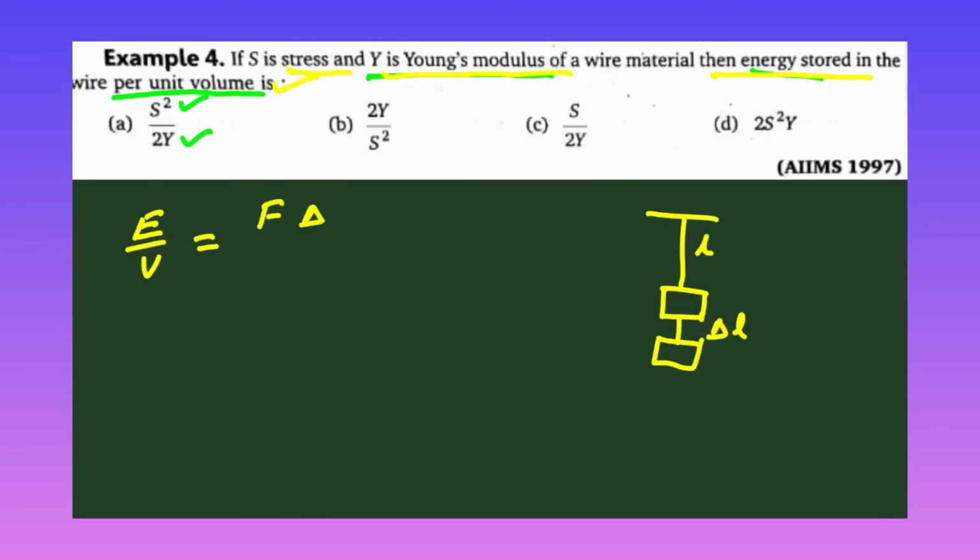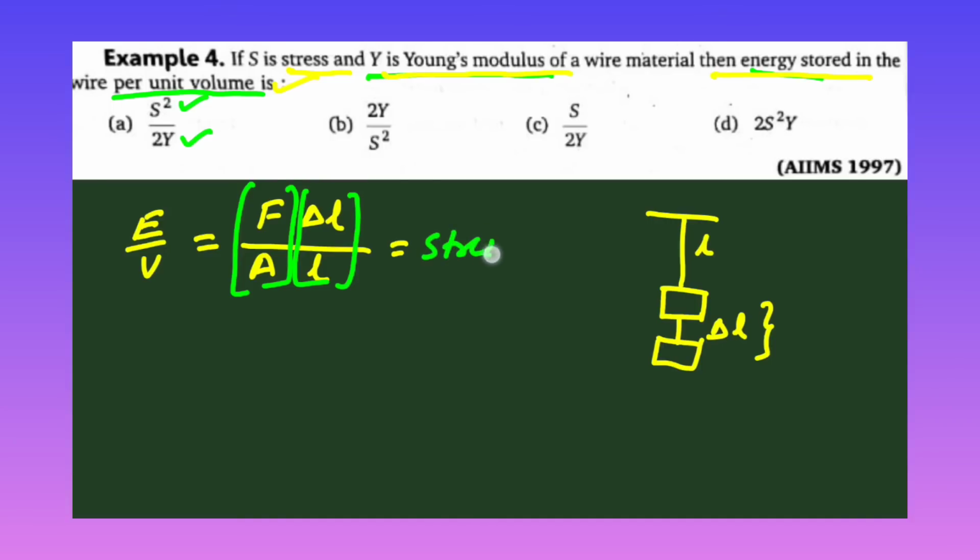Work done can be taken as force into displacement. Increase in the length is going to be the displacement, and volume is nothing but area into length. So here you can separate these two. Then you will get force by area, which is nothing but stress, and delta L by L, which is taken as strain.